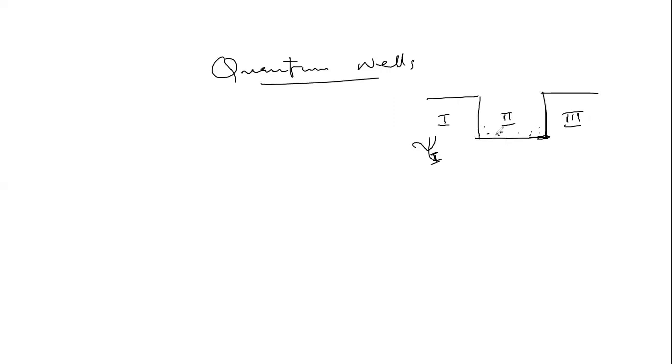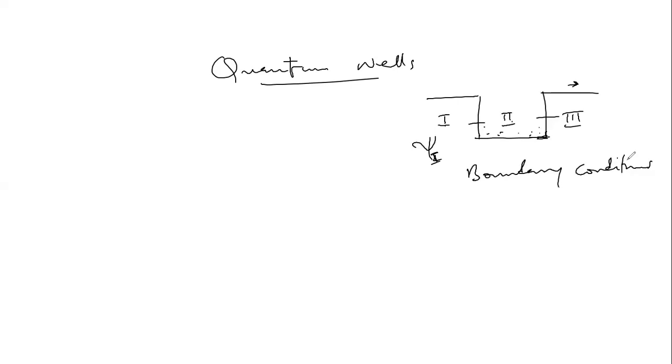It will require some amount of energy for this particle to be able to escape this confinement into this dimension. And as such, between this dimension and this dimension, we have boundaries, so we are going to be resolving some boundary conditions.